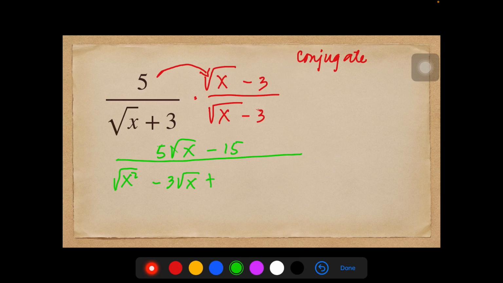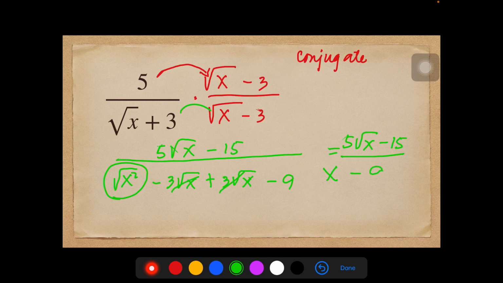Inner terms: plus 3 square root of x. Then minus 9. The answer is 5 square root of x minus 15 in the numerator over x, since the middle terms cancel, minus 9. So this is already the final answer.